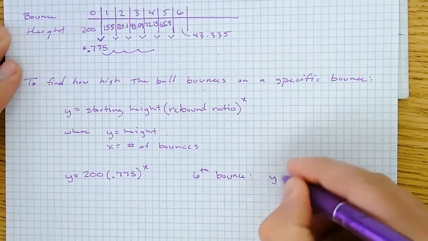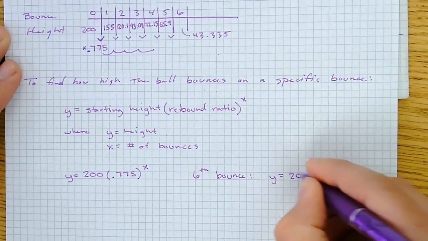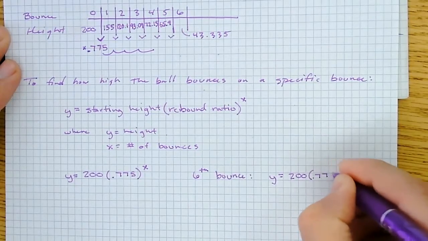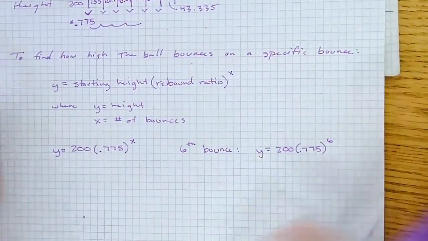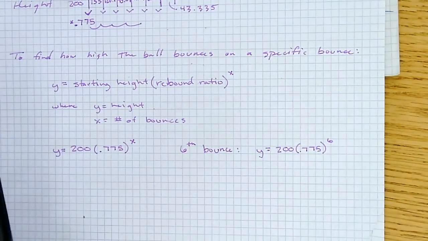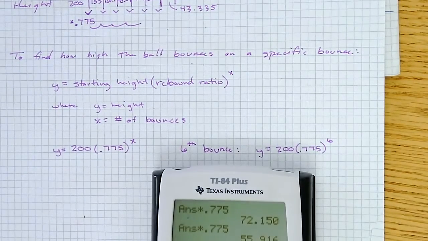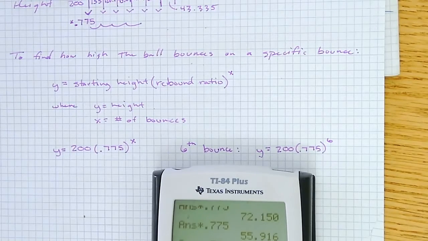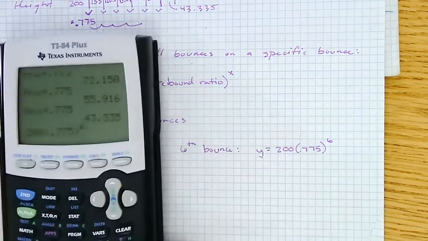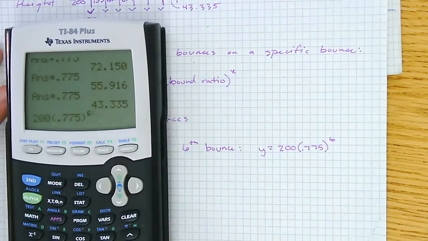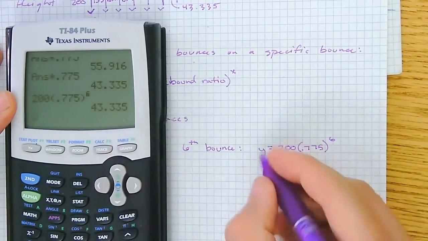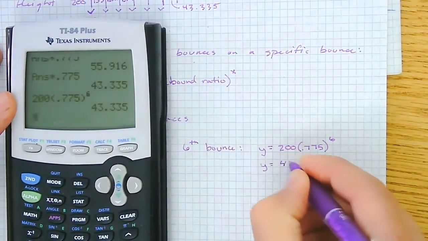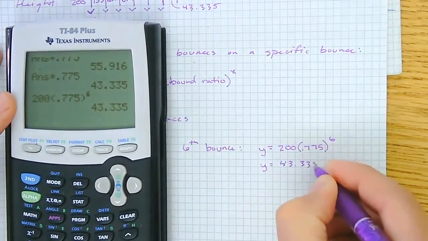All we would do is plug in 6 for x. We have 200 times 0.775 raised to the x. Obviously, you would need a calculator for that, but we get 43.335 feet.